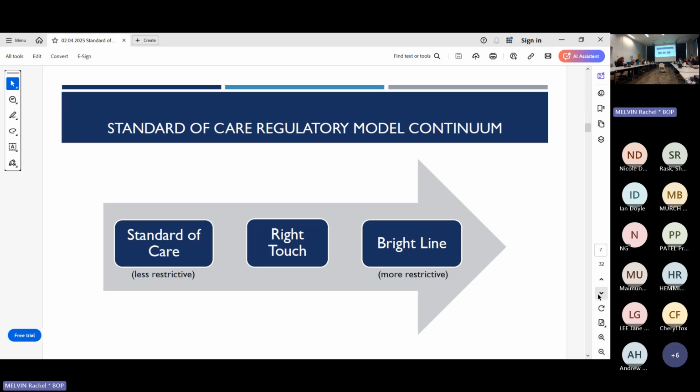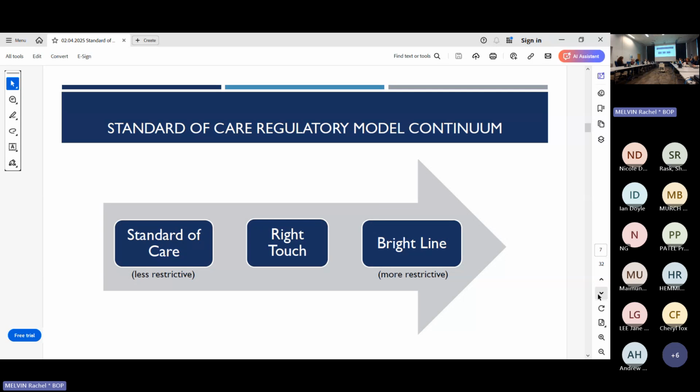Pharmacists are expected to use their clinical judgment and training to make decisions based on specific patient needs, rather than being limited by strict rules. And the standard of care model also confers an adaptability to change. This model allows for easier adaptation to new technologies, practice advancements, and evolving healthcare needs.